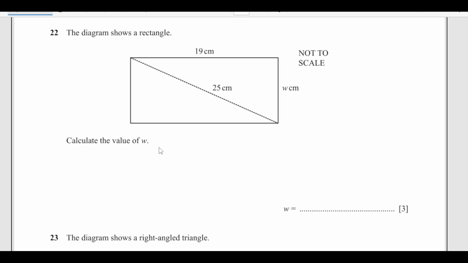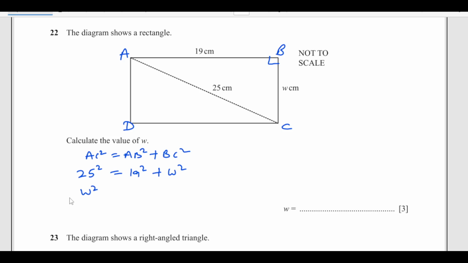So for w, we can easily use Pythagoras theorem. Let's say this is A, B, C, D. By Pythagoras theorem, I will have AC squared equal to AB squared plus BC squared, right? AC is 25 squared, AB is 19 squared, and BC is w squared.